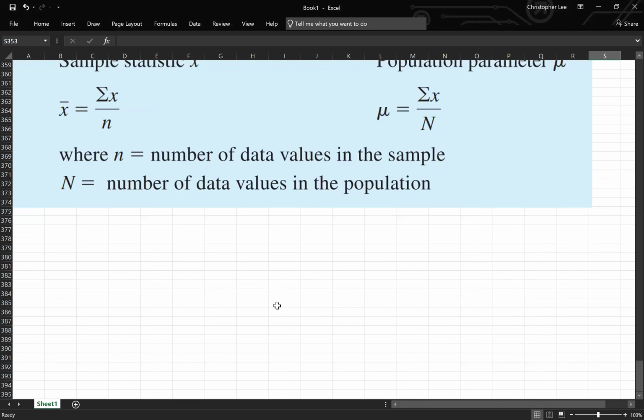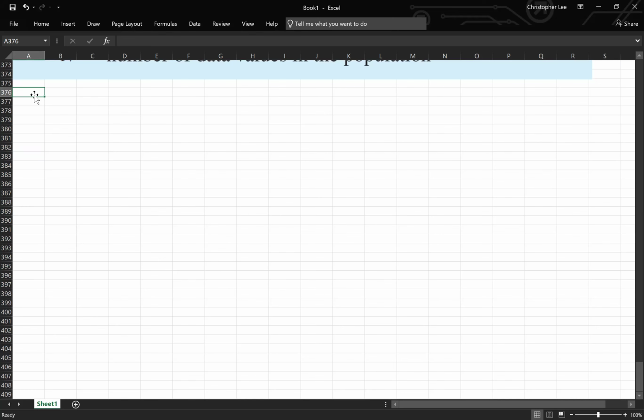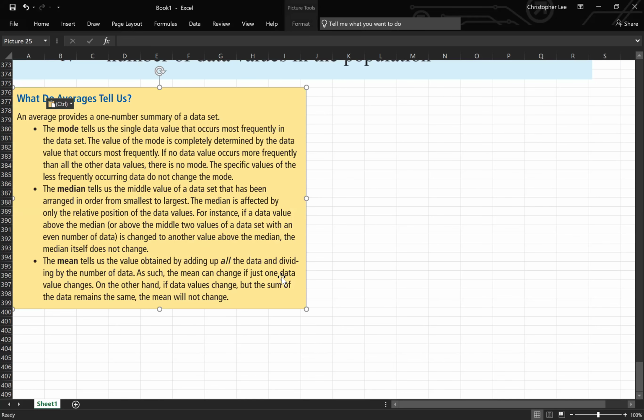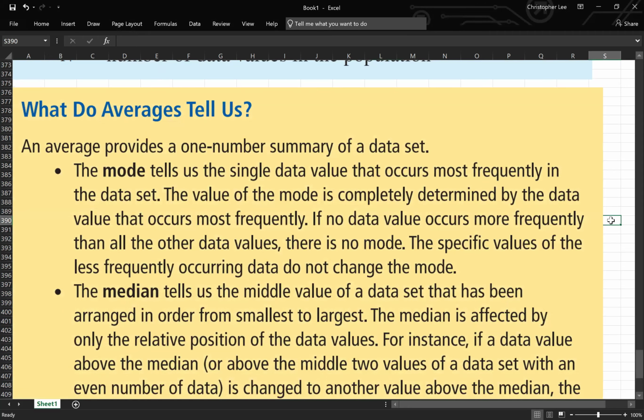So I kind of just want to sum this all up a little bit. So what do averages tell us, right? An average provides a one number summary of a data set. The mode tells us the single data value that occurs most frequently in the data set.